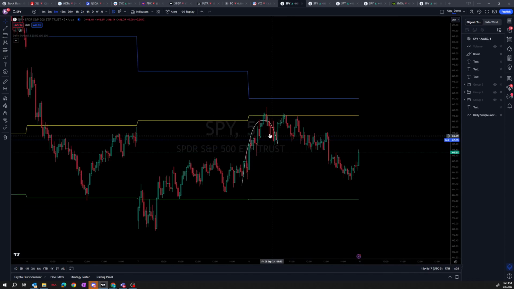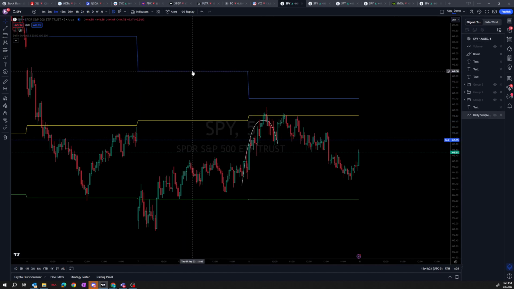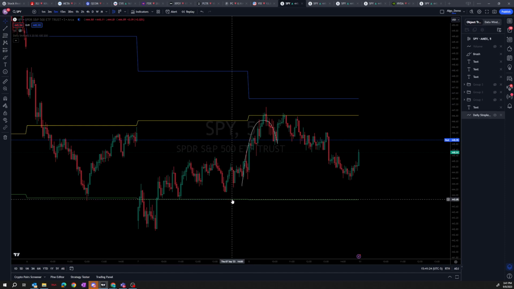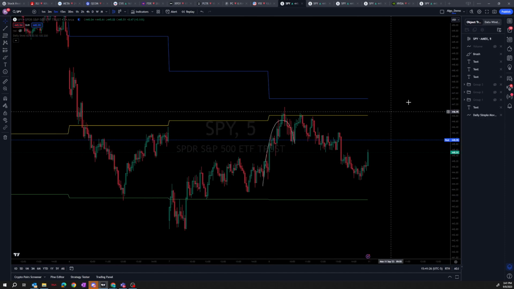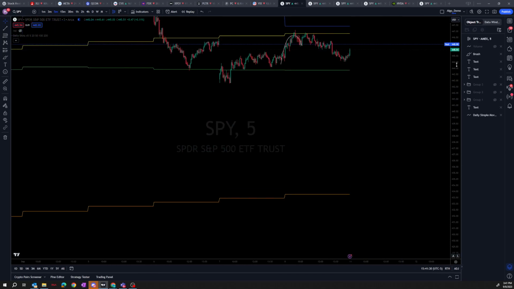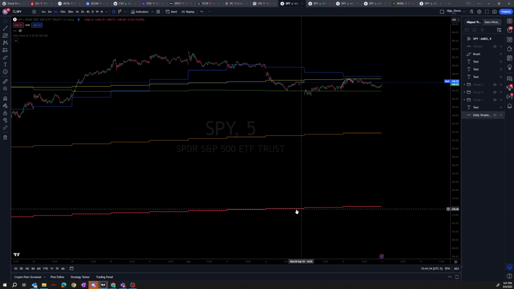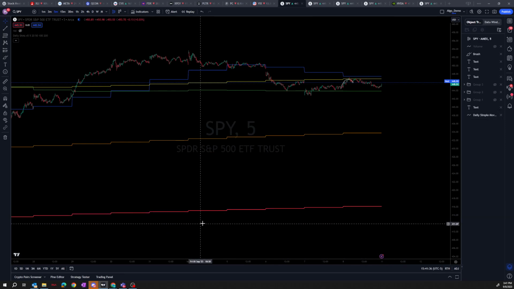Institutions use this. The blue is the 5 daily SMA, the green is the 20 daily SMA, the yellow is the 50 daily SMA, and then I also have the 100 and the 200. Overall, the price is above our 200 daily moving average, which on a long time frame is bullish.